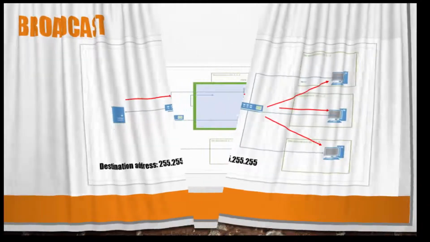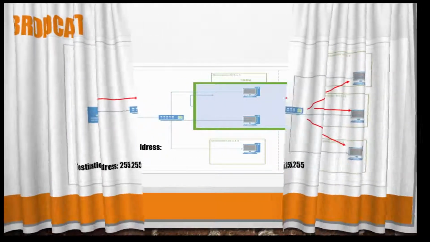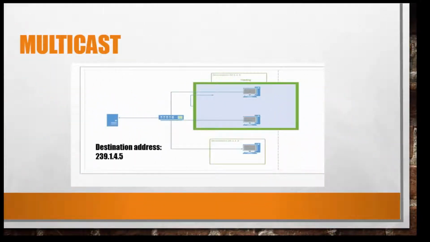So now we want to talk a little bit about multicast. Multicast provides a technology where a single host sends traffic to multiple but very specific destinations. For example, you have a company that has 300 users, and you want to send a video in multicast to the people from the marketing department, where there are only 15 users.